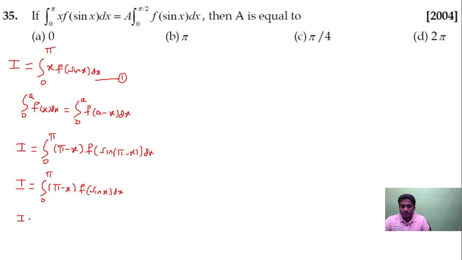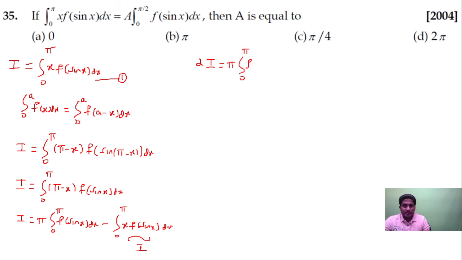Okay, I is equal to pi times the integration from 0 to pi of f of sine x dx minus the integral from 0 to pi of x into f of sine x dx. This is same as I. If I use equation 1, you shift it to the left side, you get 2I is equal to pi times the integration from 0 to pi of f of sine x dx.